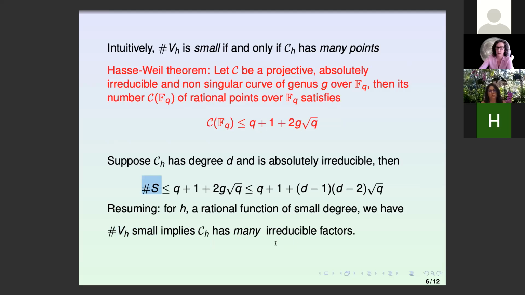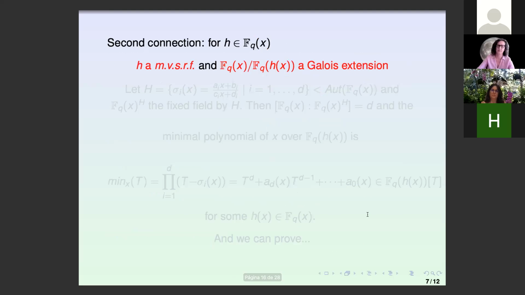Sorry, here it is not irreducible. It should factor. So this is one connection: if you have a rational function with a small value set, the curve should factor.